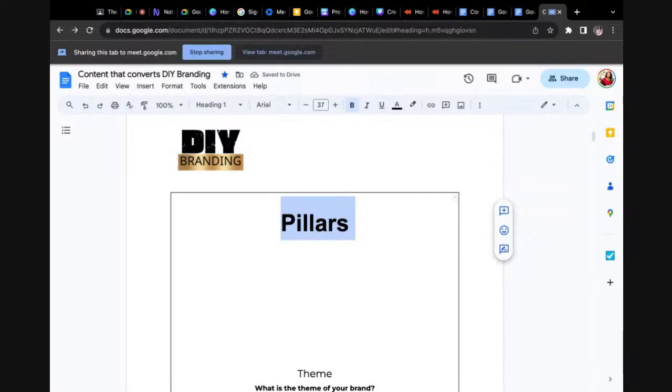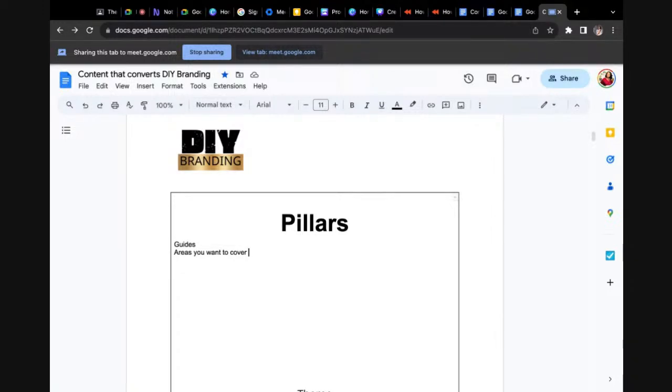Because you have created content with content pillars. What are content pillars?